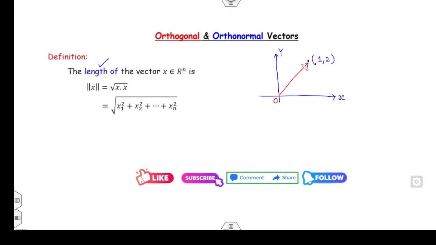If I say this is OA, then the length of the vector OA is defined by the norm. This is called the norm of x, which is defined as the root of x1 square plus x2 square and so on. That is the length of the vector.